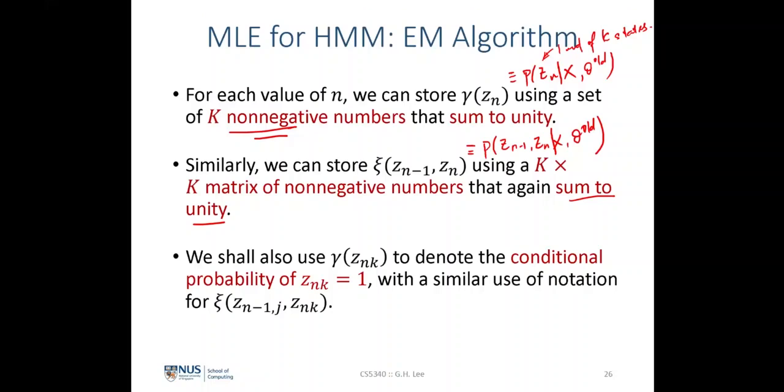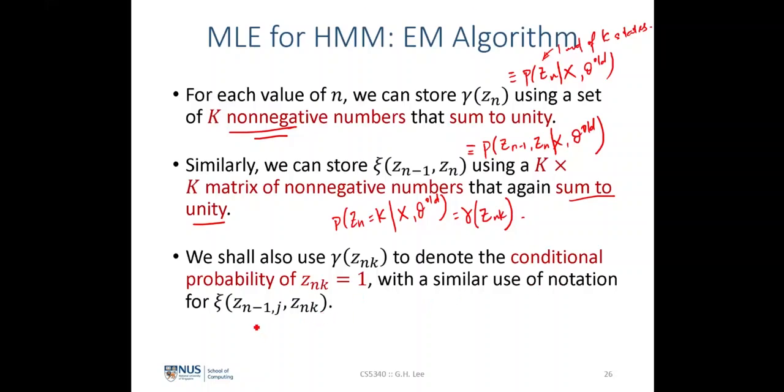So we shall make use of the shorthand gamma(z_nk) to denote the conditional probability that z_nk equals 1. This means that I'm going to denote the probability of z_n taking state k, conditioned upon the observed random variables x and θ_old, using this notation gamma(z_nk).